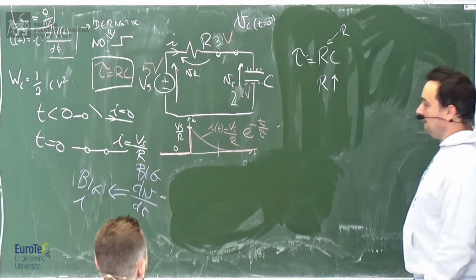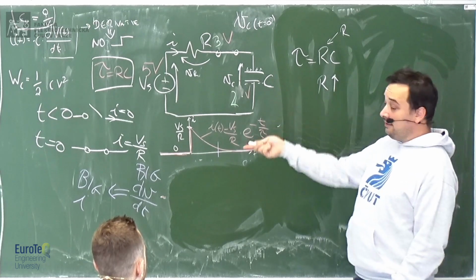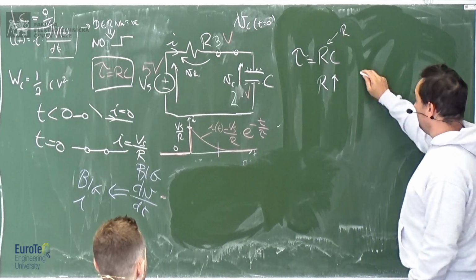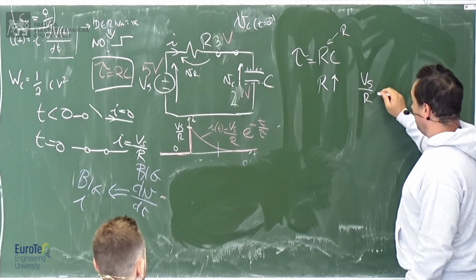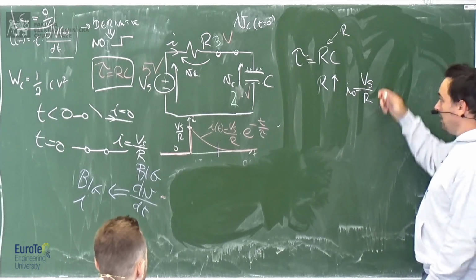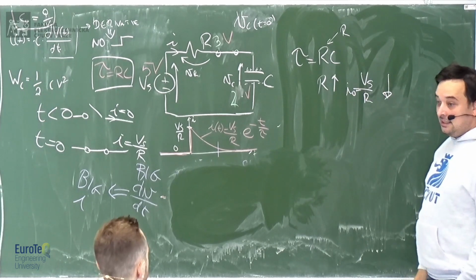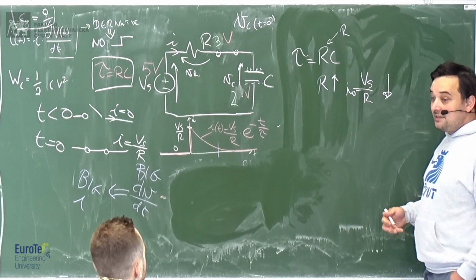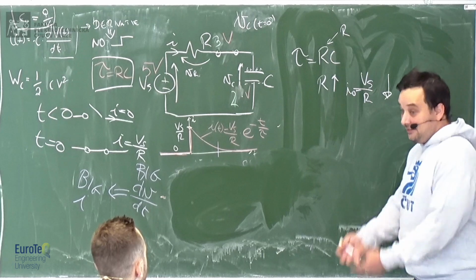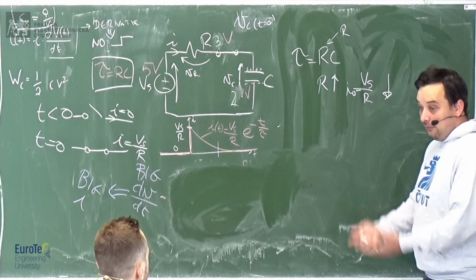It will be limited. Exactly. So if I have a bigger R, at the beginning of my transient, the current at time 0 is Vs divided by R. If I have a bigger R, the initial current is smaller, which means that I give less charge, so it takes me more time to build up the voltage that I want to reach.